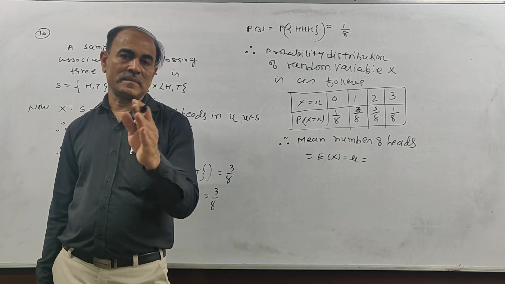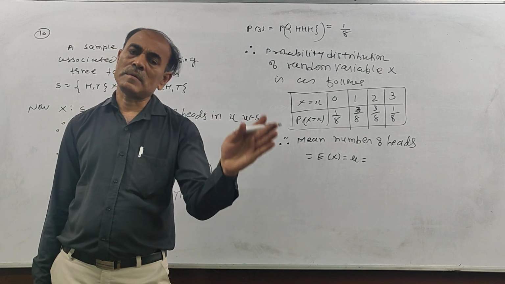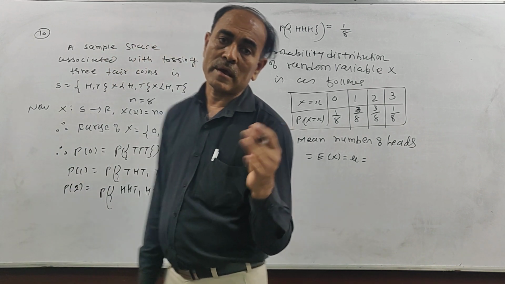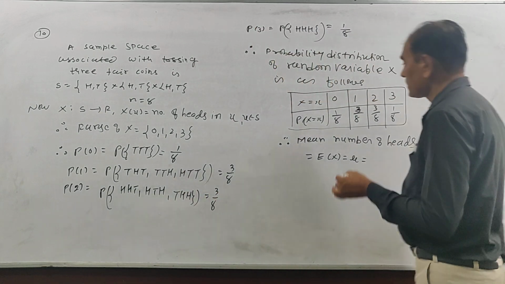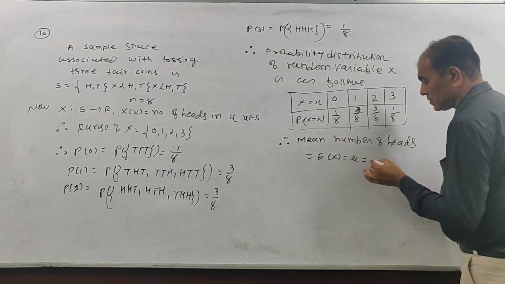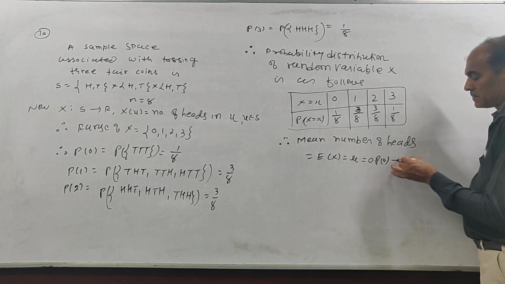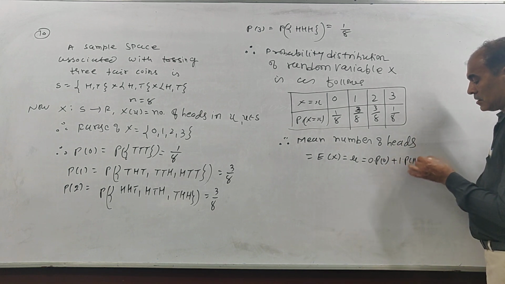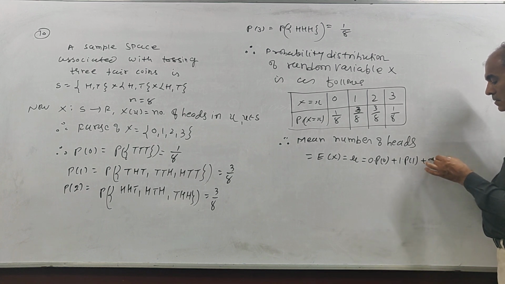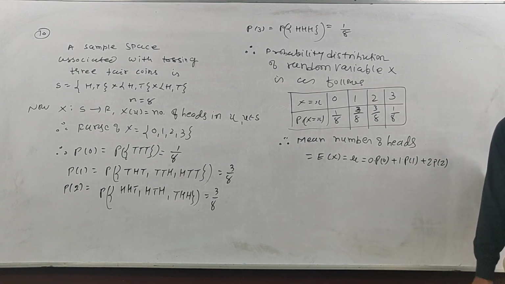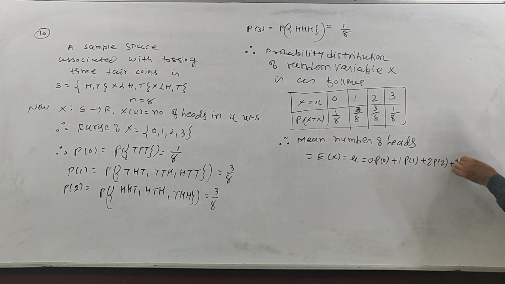It is nothing but sigma xi p of xi, i running from 1 to n. So xi into p of xi, that is 0 into p of 0, 1 into p of 1, 2 into p of 2, and 3 into p of 3.